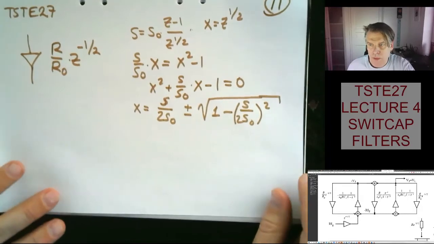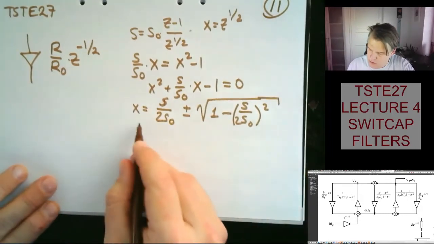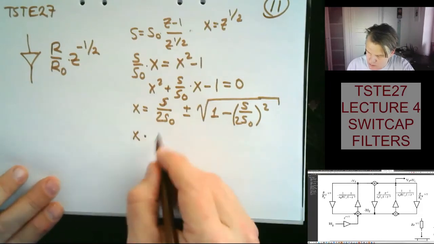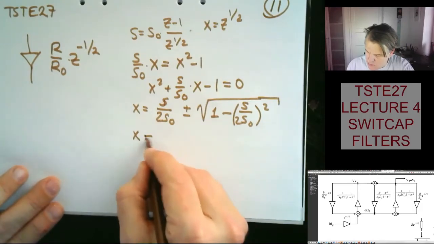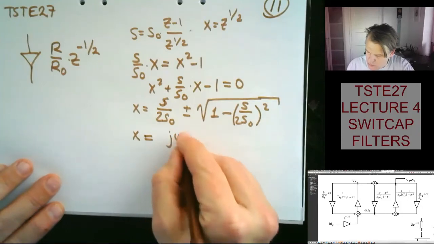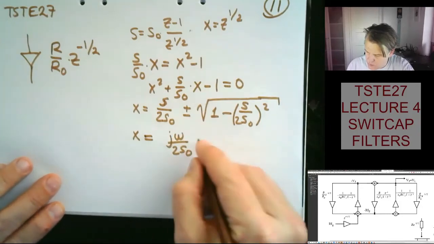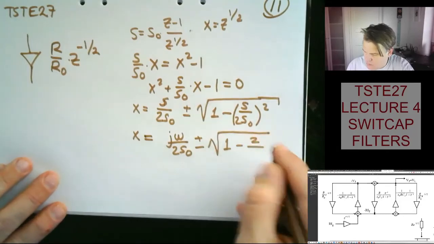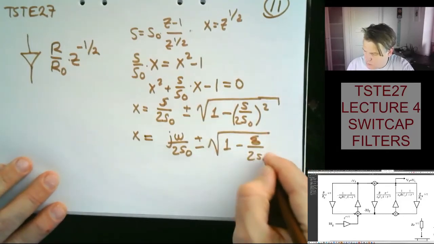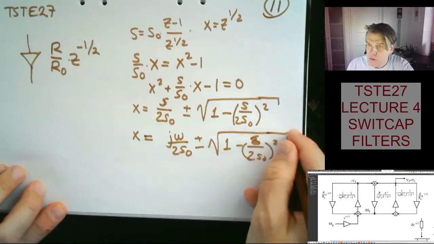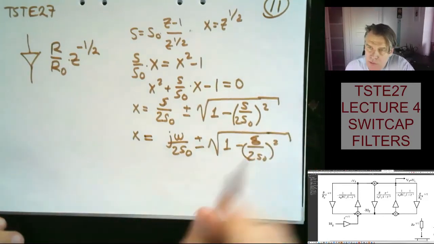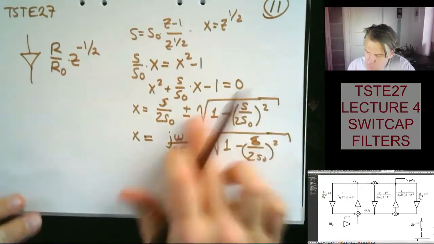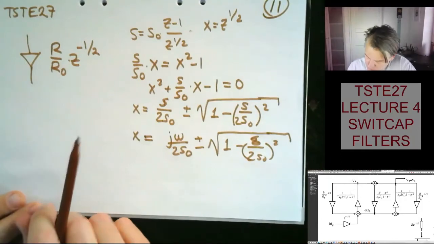Okay, and then I can write this as x being equal to j omega divided by 2 S naught plus minus the square root of something, S divided by 2 S naught. The details are not super interesting at the moment. We will wrap this up and do some rounding more or less.